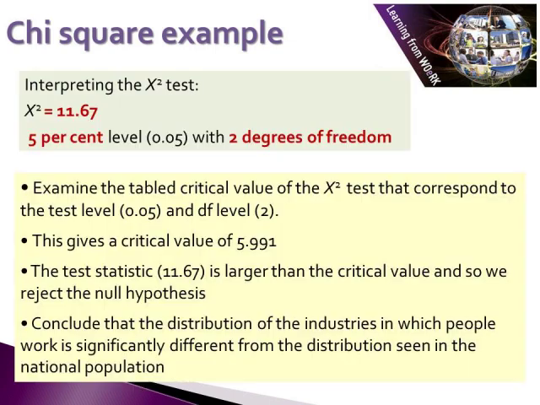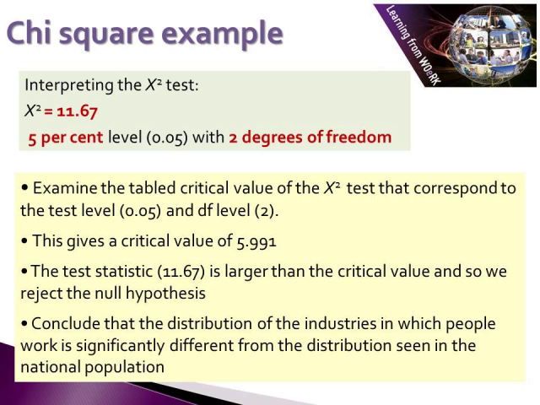So how do we go about interpreting the test? Our chi-square value is 11.67 at the 5% level of 0.05 with 2 degrees of freedom. We examine the tabled critical value of the chi-square test that corresponds to the test level of 0.05 and degrees of freedom 2. If we look those two things up in our table, that gives us a critical value for chi-square of 5.991.